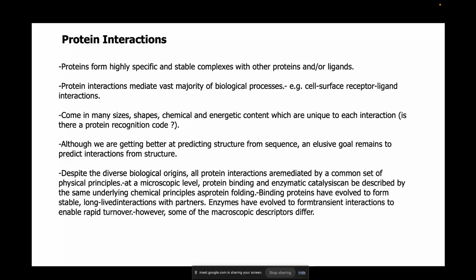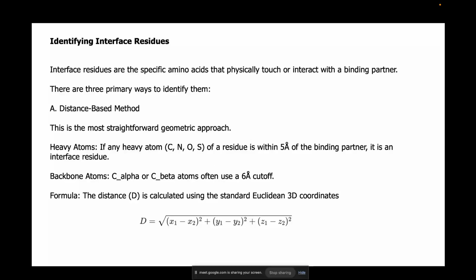Binding proteins have evolved to form stable, long-lived interactions with partners, and enzymes have evolved to form transient interactions to enable rapid turnover. However, some of the microscopic descriptors differ.